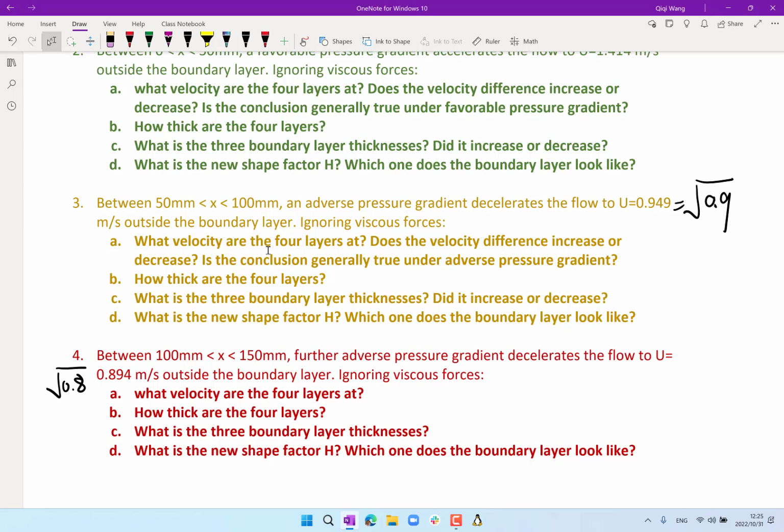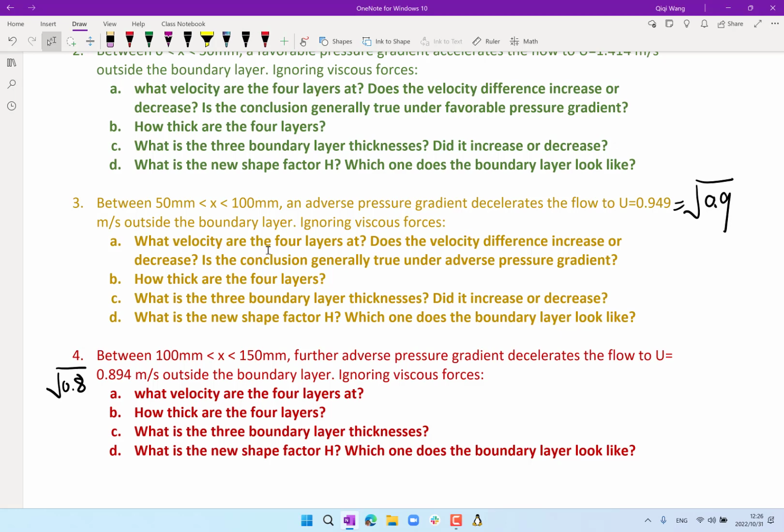Now think about what the consequence is to the thickness. A velocity in the bottommost layer almost equal to 0 means the thickness is going to be very, very high, right? You're doing conservation of mass. A slow velocity means a high thickness. And when the deceleration brings the bottommost layer to 0, its thickness is going to be infinity.